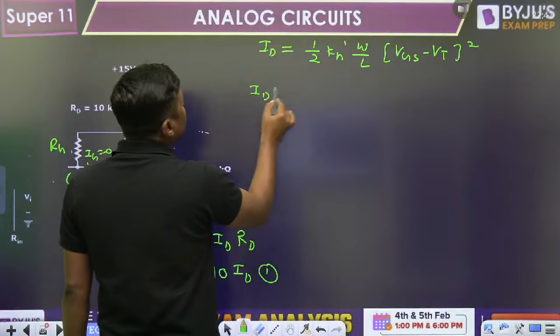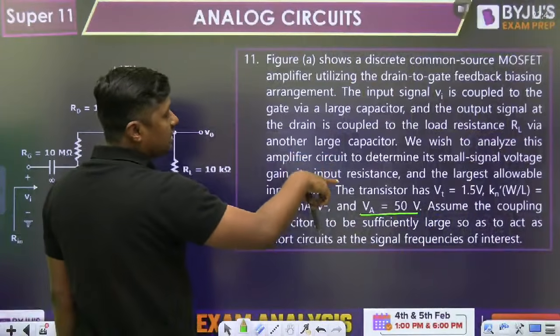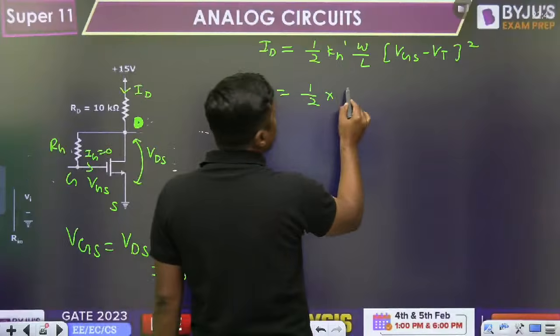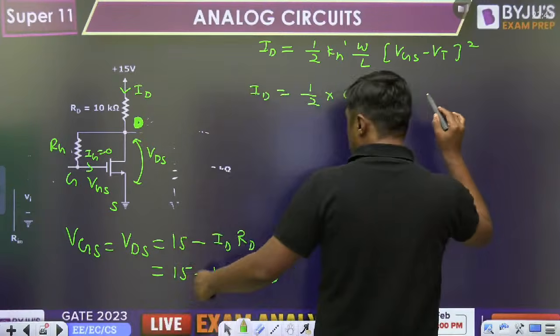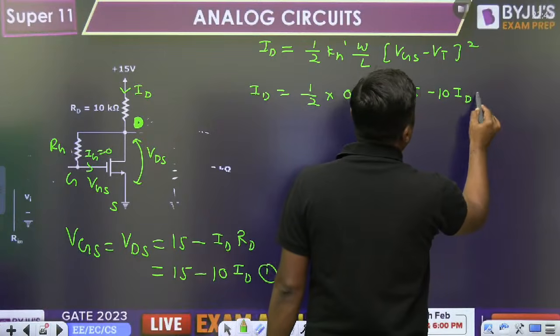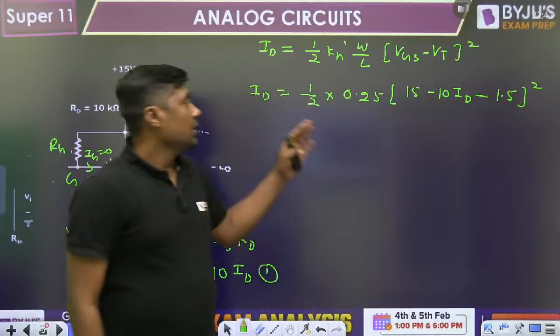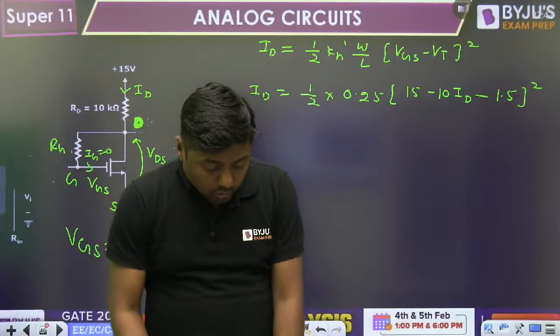Now, my dear friend, ID is equal to half of kn' W by L, which is given in the question as 0.25. VGS means VDS, which is 15 minus 10 times ID, minus VT, 1.5 volt, it is given. Okay, this is a quadratic equation. How many students are able to solve this? I am not going to solve this.